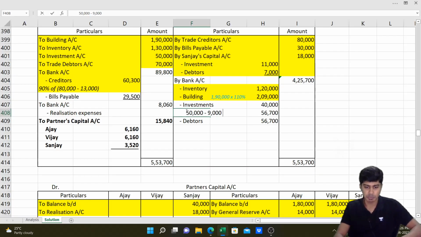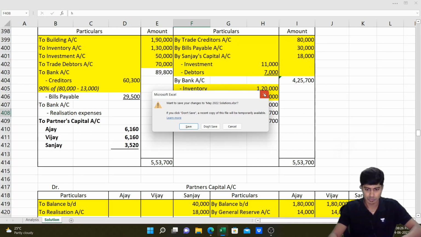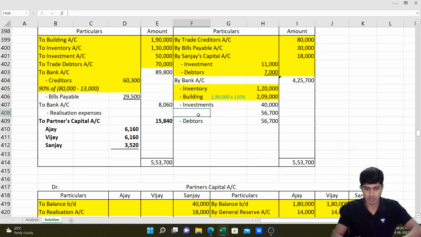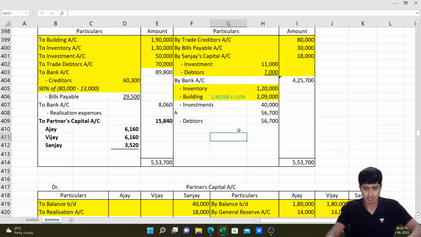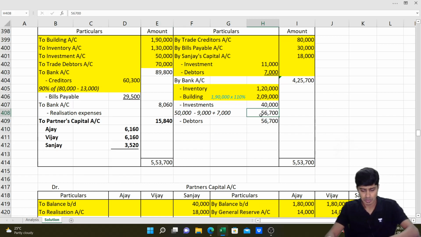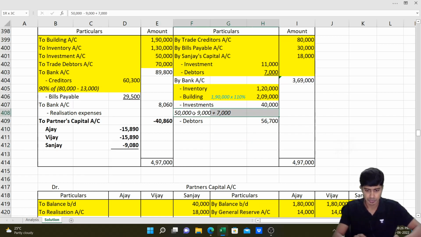Whatever is balance is sold at a profit of 7,000 plus 7,000. Let me type it again. 50,000 minus 9,000 plus 7,000. I'll delete this. Club this.